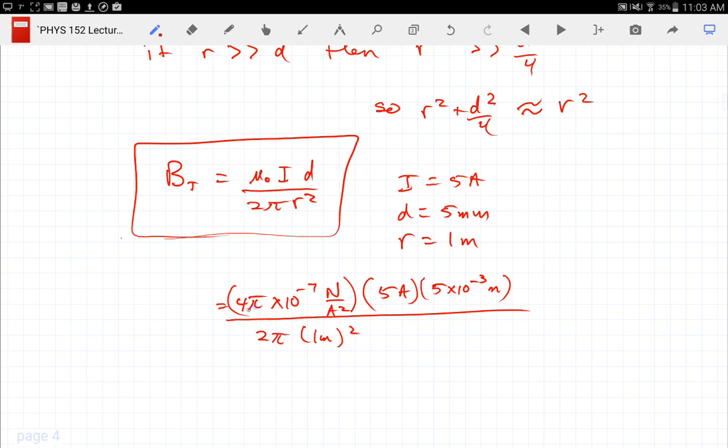So that leaves me a 2. 2 times 5 is 10. Times 5 is 50. Ten to the minus 7, times 10 to the minus 3 is 10 to the minus 10.